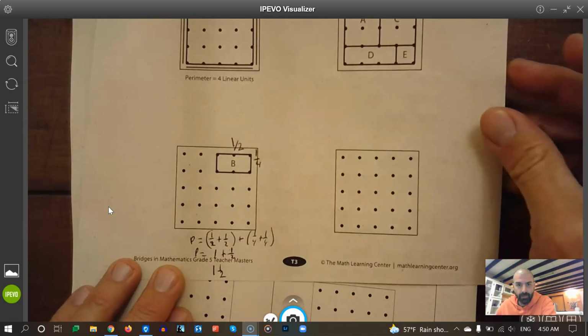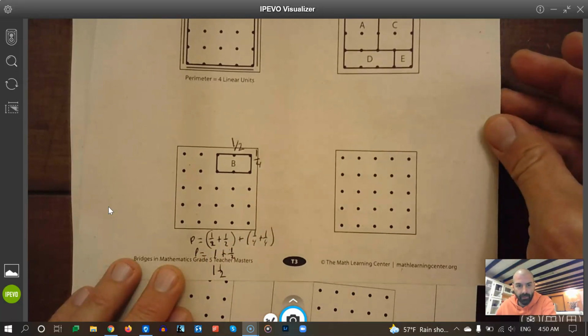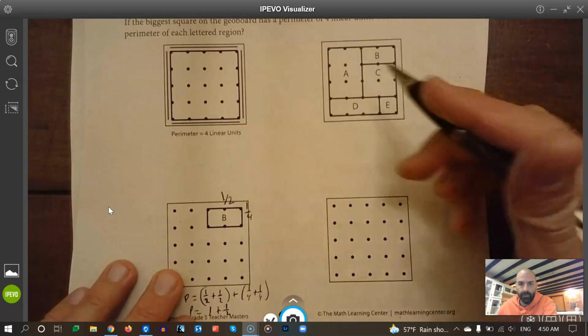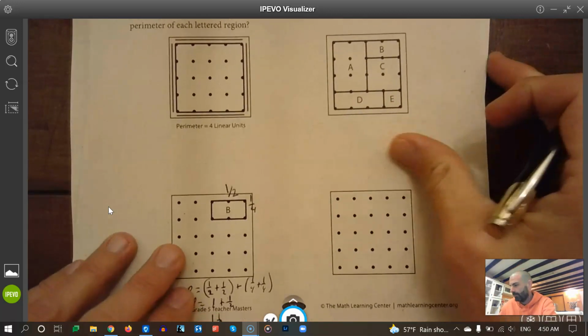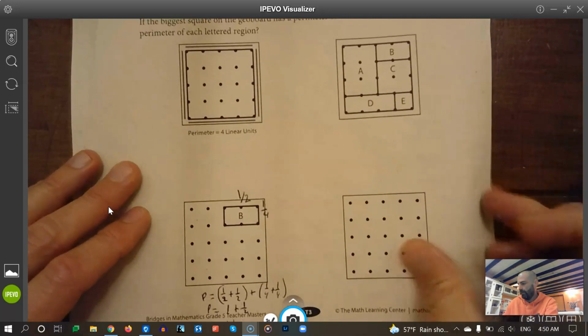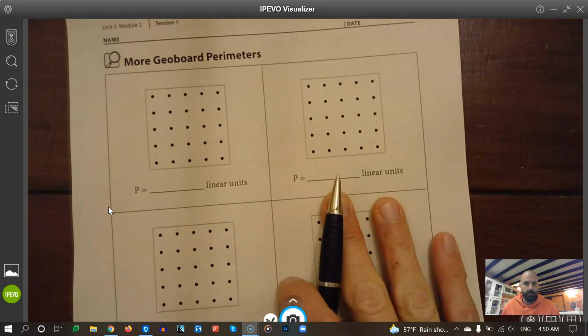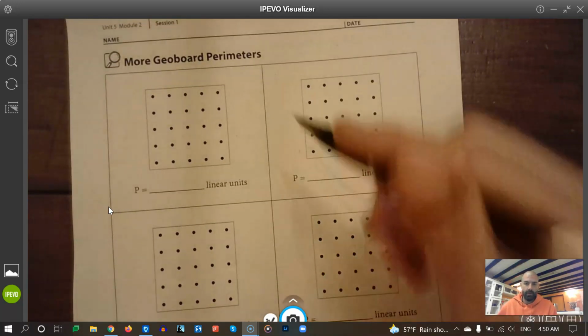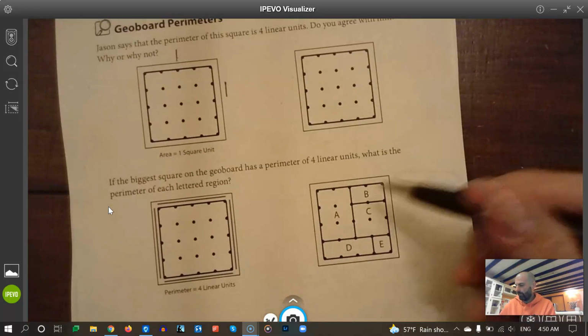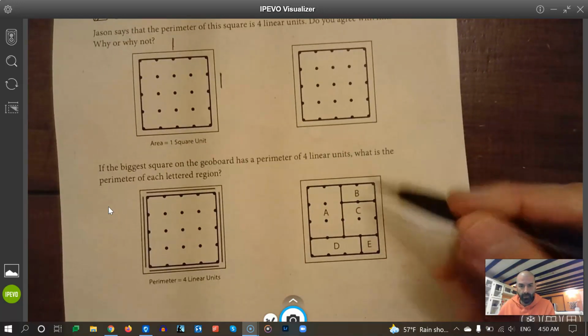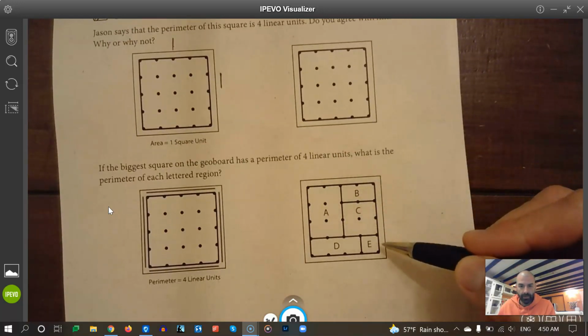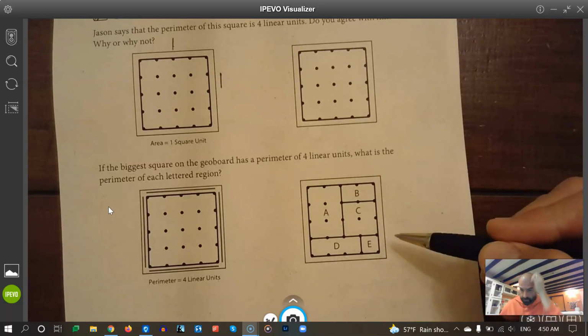All right, so now it's your turn to try and figure out the rest of the rectangles. So draw each rectangle in the boxes provided. So you can do A here by itself. And then we have the more Geoboard perimeters. So you're going to want to draw each of the remaining rectangles into those different geoboards and try and figure out what the side lengths of each one are, and then with that information, what the perimeter is.